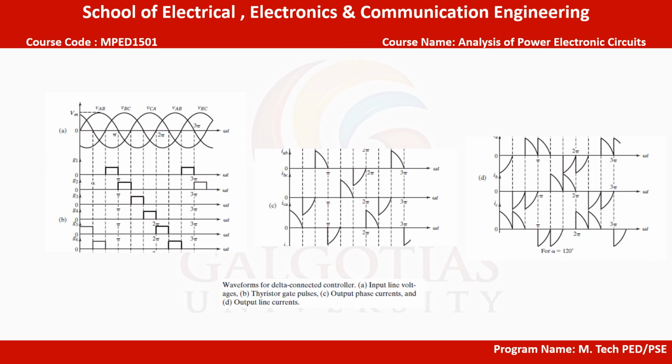So we can see in this particular figure the waveforms being shown are the input line voltages, the thyristor gate pulses, the output phase currents, and output line currents. For resistive load, the RMS output voltage can be determined from the relation V0 is equal to under root of 1 upon 2 pi integration of alpha to 2 pi VAB square d omega t, which comes out to be equal to Vs under root of 1 upon pi minus alpha plus sine 2 alpha upon 2.